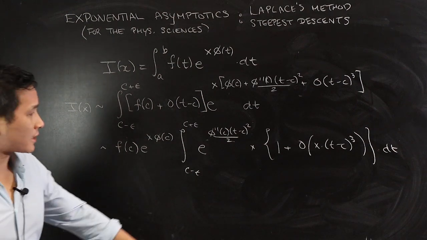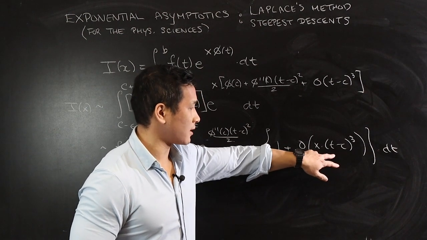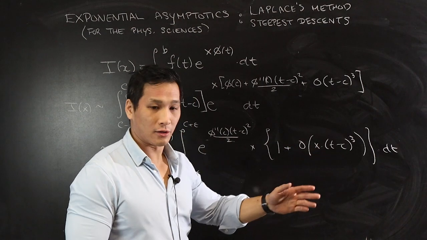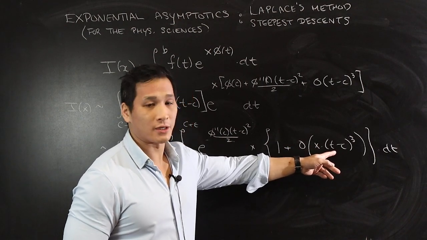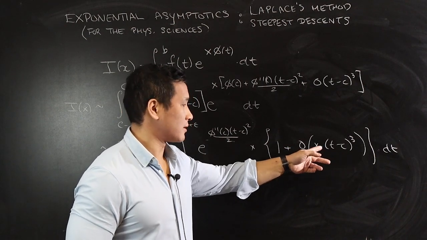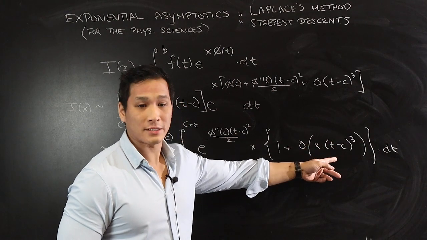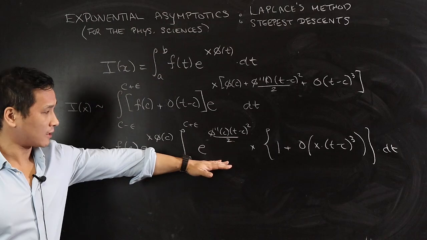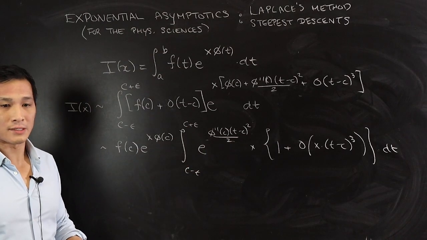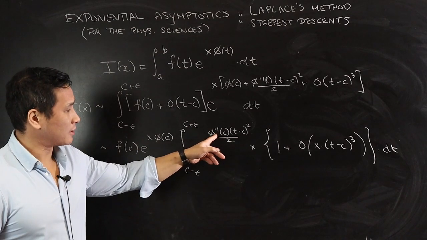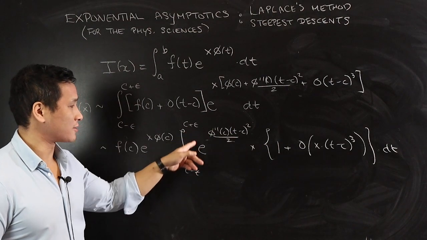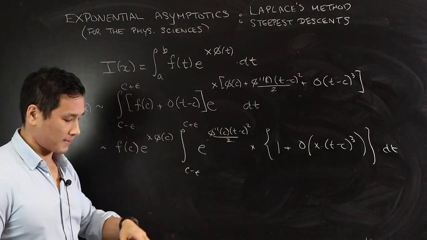So again, as long as I can make sure that this quantity remains small, which it must do because I'm integrating in a little epsilon neighborhood, so I'm going to have a condition where something like x times epsilon cubed has to be small, then I can do this Taylor expansion. And that's the Gaussian that you'll recognize there. Because it's a maxima, this second derivative of c is then negative, and then there's the typical Gaussian.